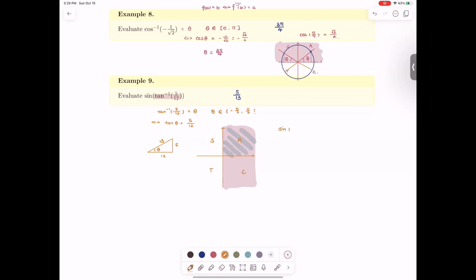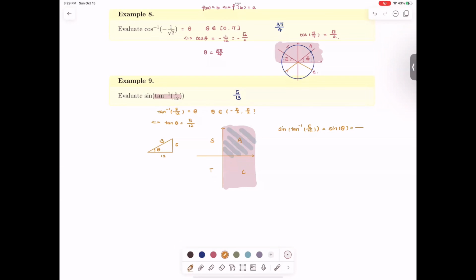So sine of tangent inverse of 5 over 12 is, we already know, sine theta. What's sine theta? 5 over 13.